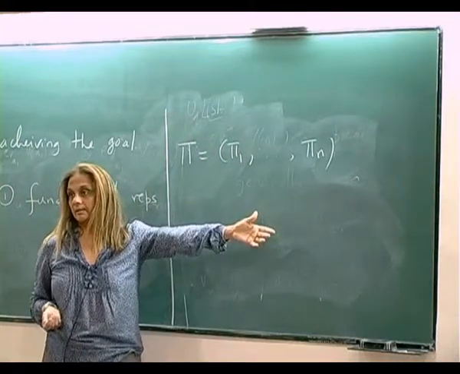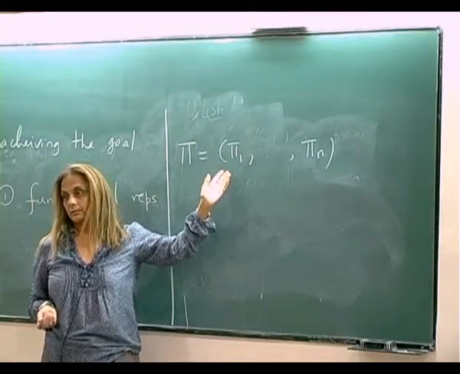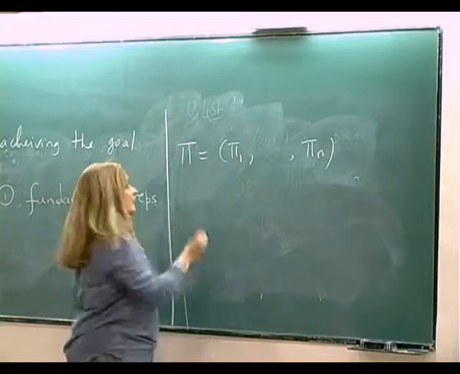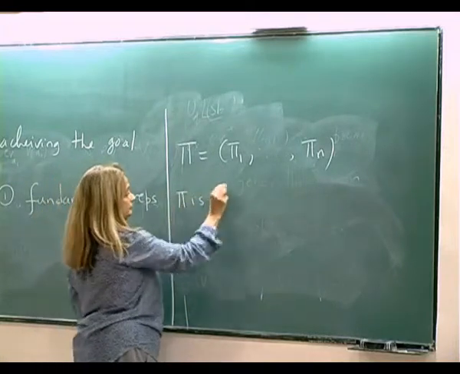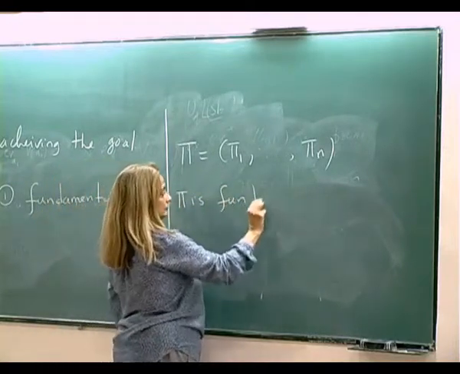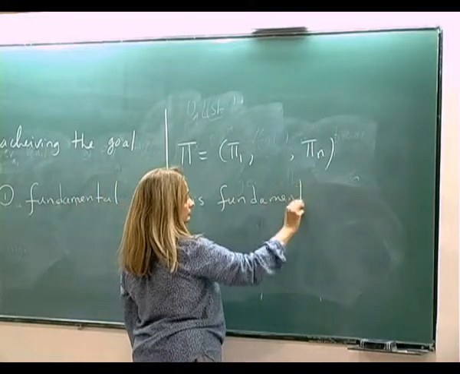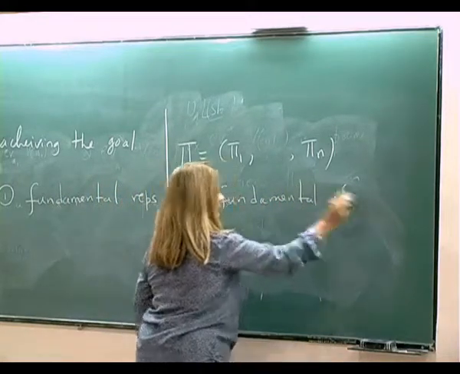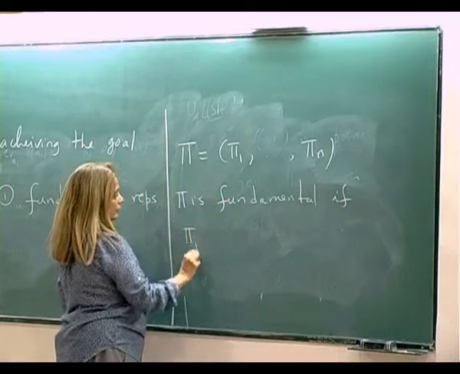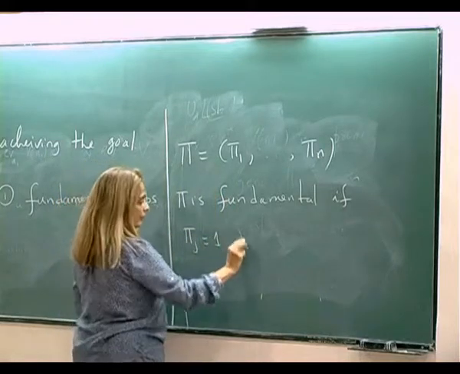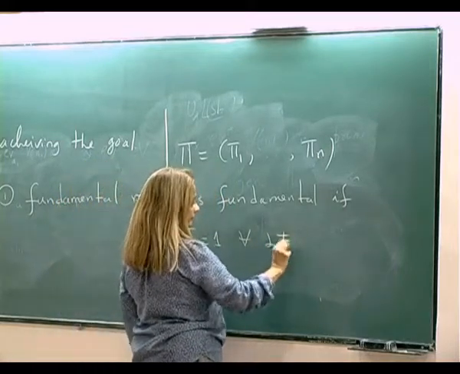Since they have constant term 1, they're actually the polynomial 1. So we say that pi is fundamental if pi_j is equal to 1 for all j different from i.